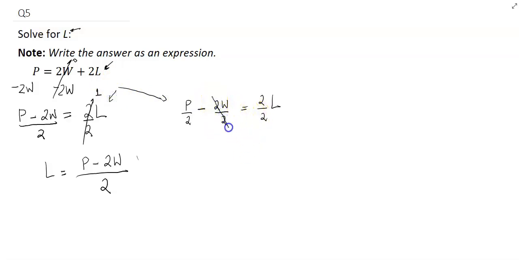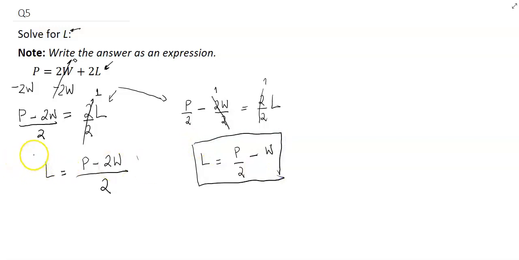And then, I know that 2 divided by 2 is 1, and here also is 1. I would have that the length also can be written as P over 2 minus W. So both answers are correct because those are equivalent equations. Did you guys get that? Everything okay?